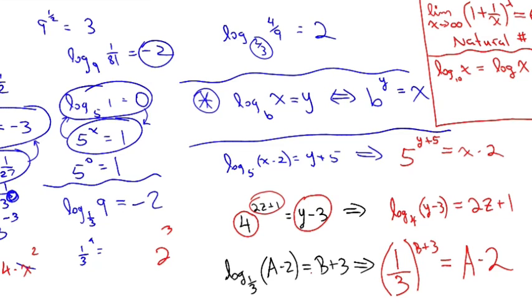So if it has no base, the base is assumed to be 10, just like the number of fingers on your hands. And if you do log base e of x, this fancy natural number up here, we just write it ln of x. So these two buttons are on your calculator, log and ln. So if it's log base 2, we have to do something else to figure it out.